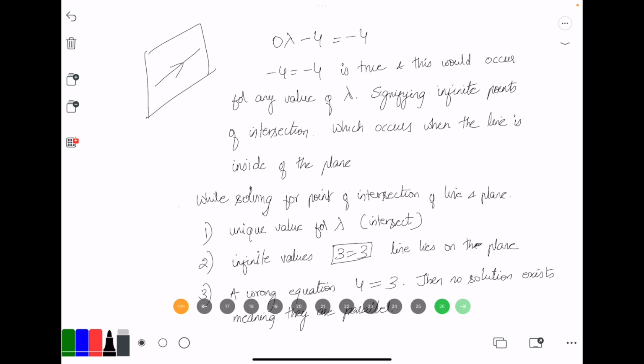If there are infinite values where lambda vanishes, then the line lies on the plane. But if you get a wrong solution, for example 4 equal to 3 and so on, then no solutions exist, meaning the line is parallel to the plane.